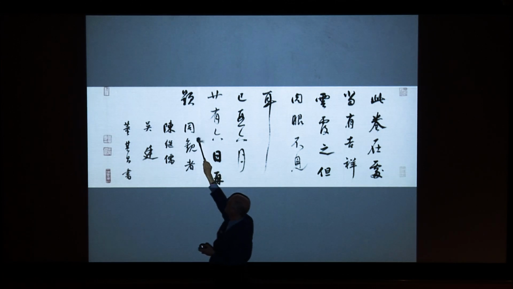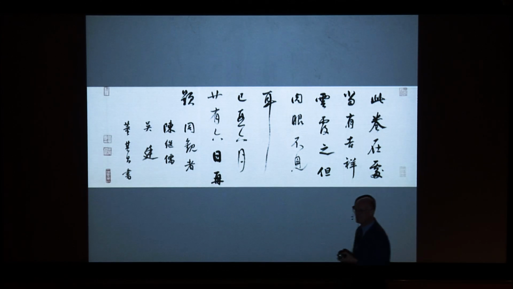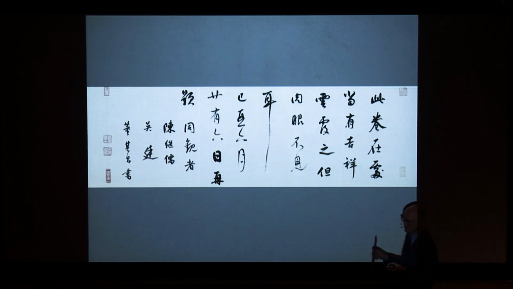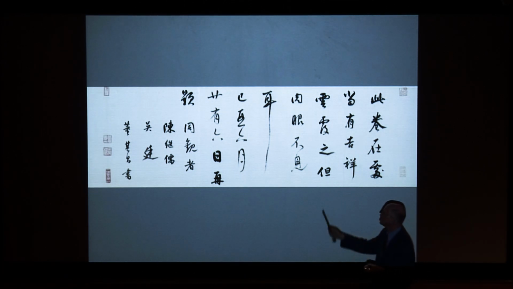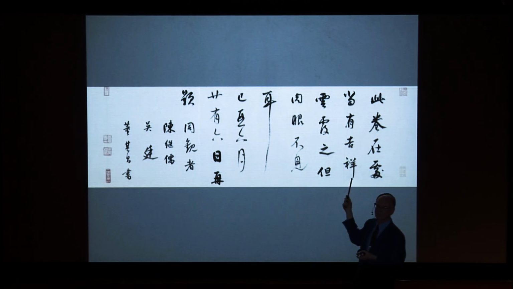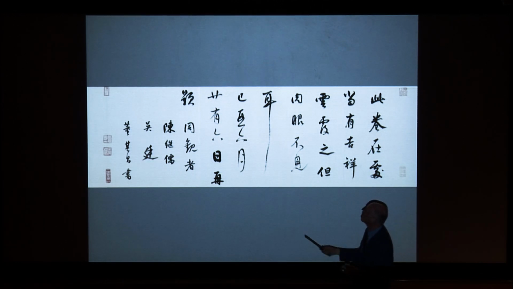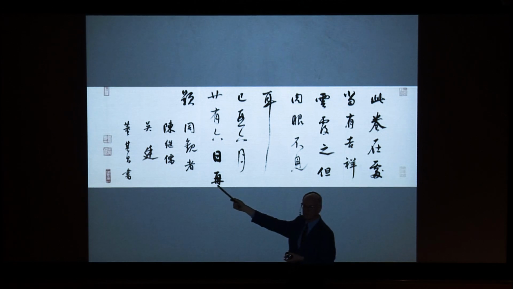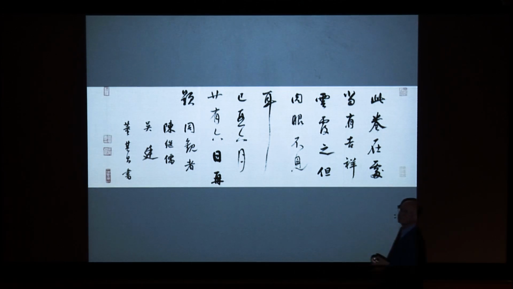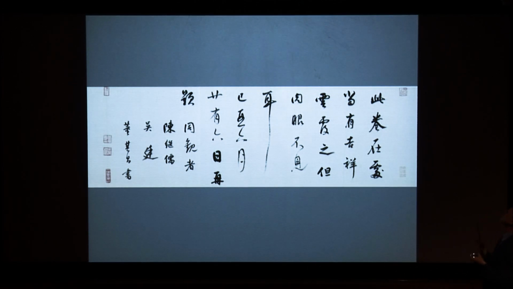I think this is fascinating information because it tells us that Dong Qichang wrote this in the presence of these two other eminent connoisseurs. Do you remember the scene earlier when Professor Goldberg was watching someone write? This, too, I believe, was a performance. It was produced inspired by the company of these two men. He exclaims over the wonder of the writing and at the same time performs for his friends.